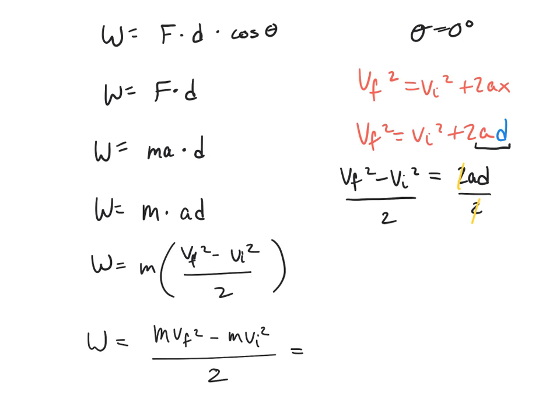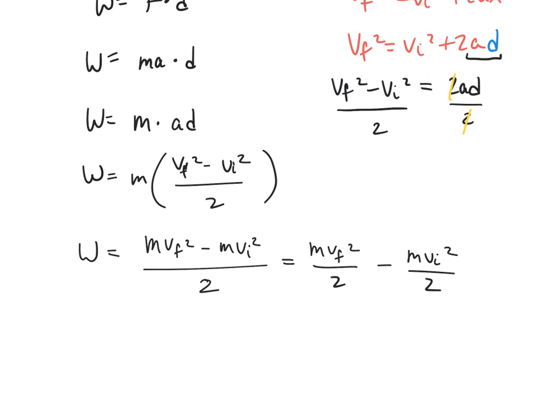Rewrite this separately. And when I divide by 2, it's the same thing as multiplying by 1/2.